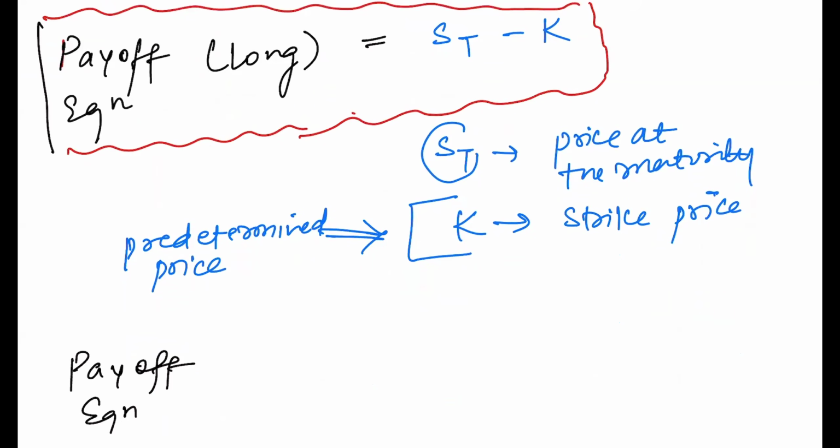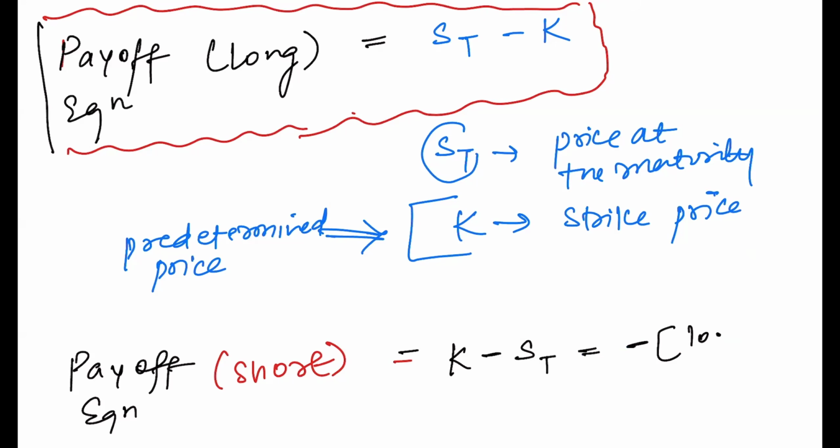Similarly, the payoff equation for a short position is K minus ST. Someone is at the sell position, so just reverse the equation. Always do this, it's very helpful. So the equation becomes K minus ST. Or you could also write the negative of the payoff equation of the long position.